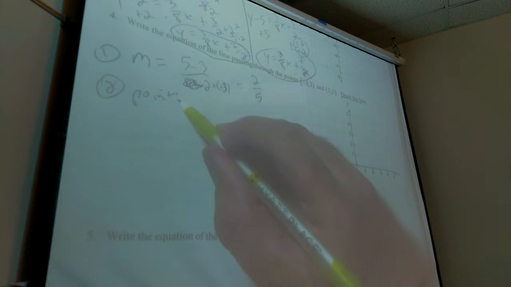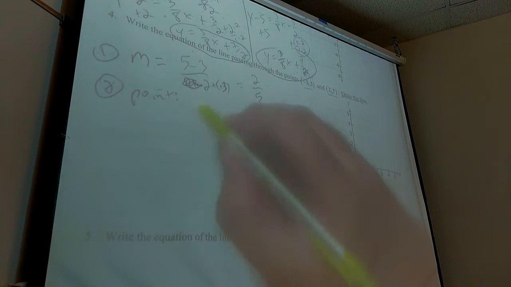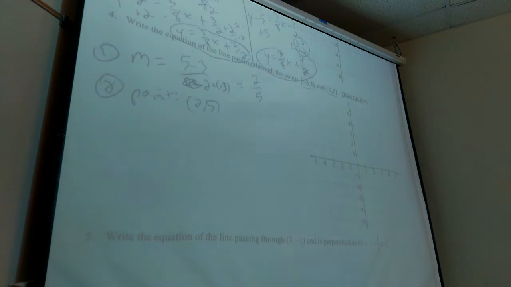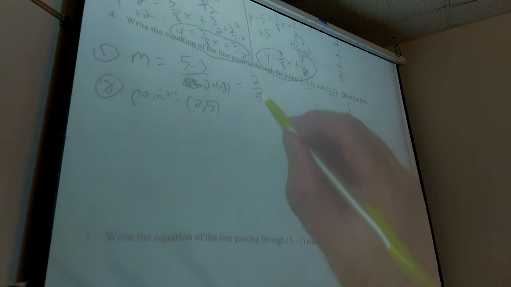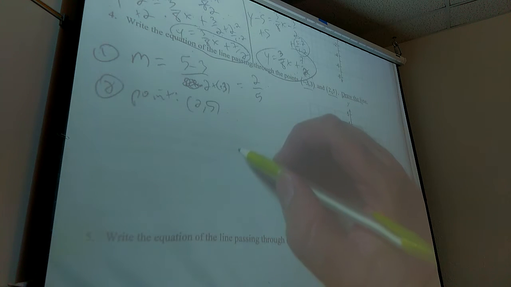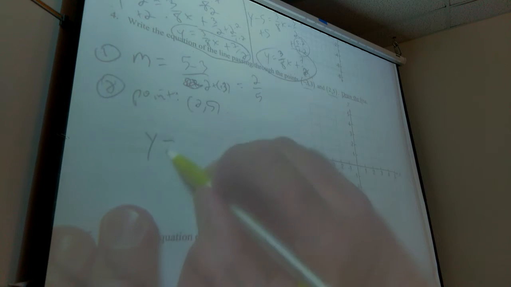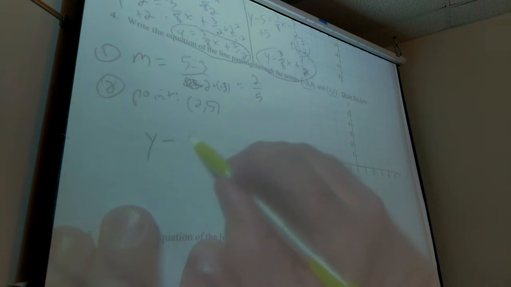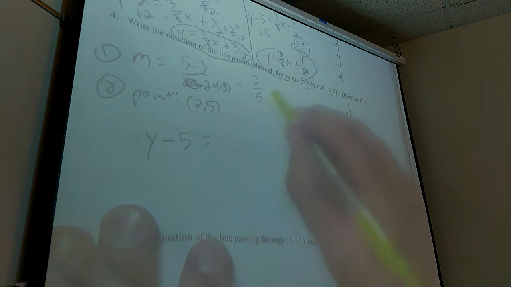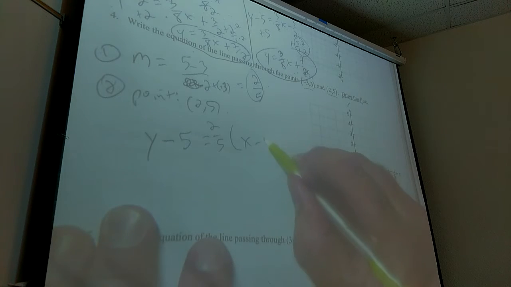And now I just need a point. Well, I got 2, so pick one. Which one do you guys like the best? 2/5. That's what I heard first. So please don't get confused that the slope has the same numbers as the point. They don't matter. Okay. So now I just plug stuff in. y minus the y piece, 5, equals the slope, x minus 2.